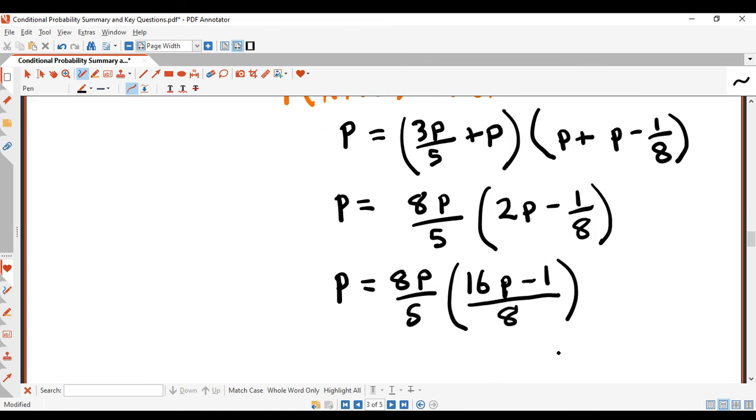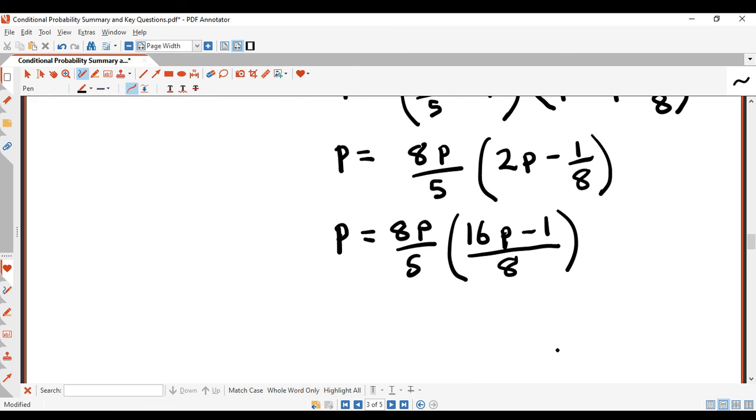Okay, now that's going to give us p is equal to, now we're going to have 5/8 of 40, and then for the numerator we're just going to expand those brackets there, and you are going to get 128p squared minus 8p.